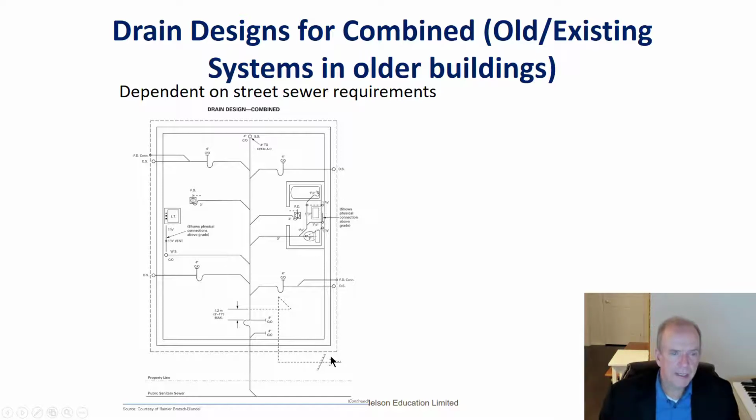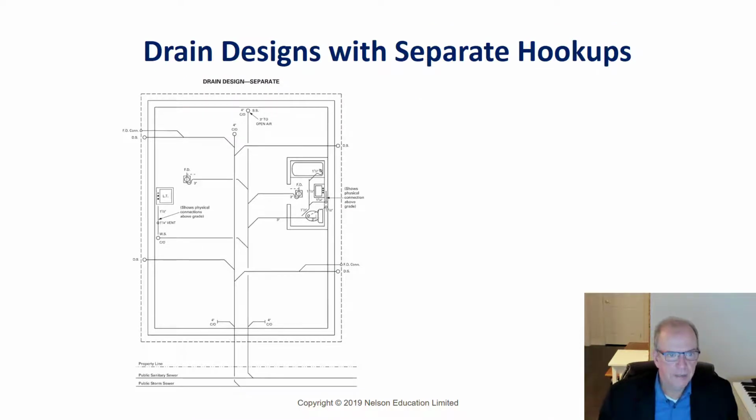For the drains, I'm just going to put my glasses on so I can see this. For the drains, we have two systems that we utilize. This is a combined system, and this is a separate system.